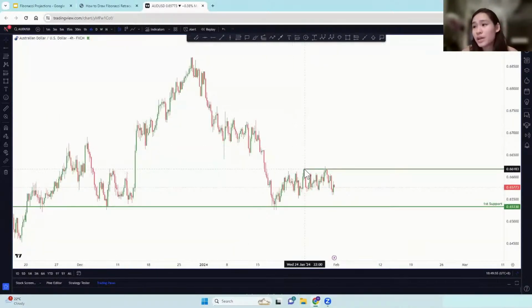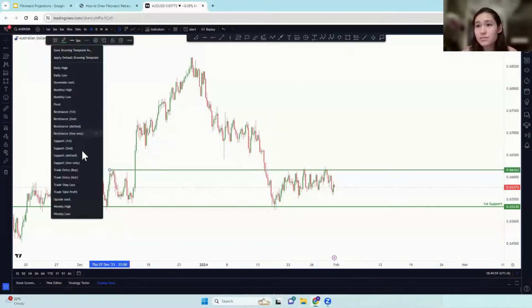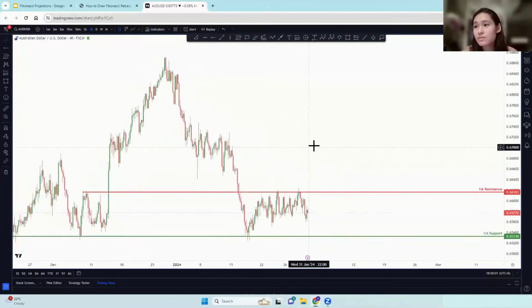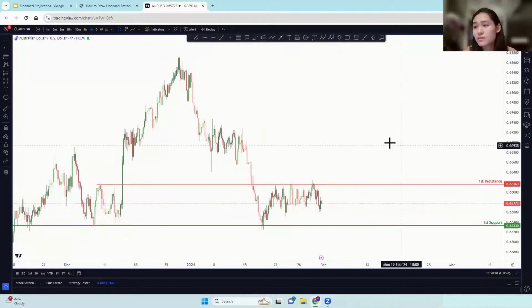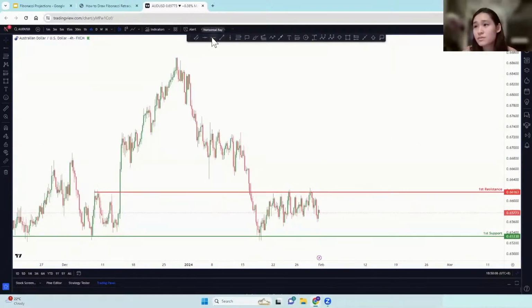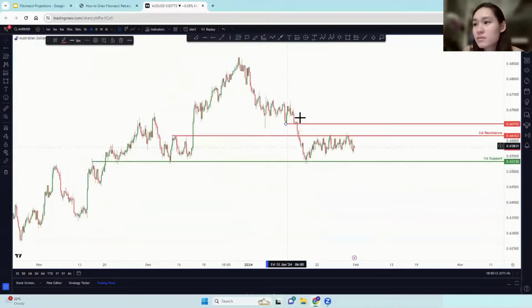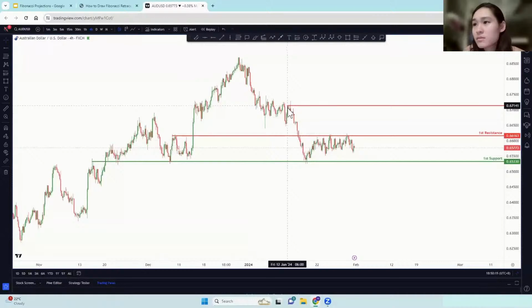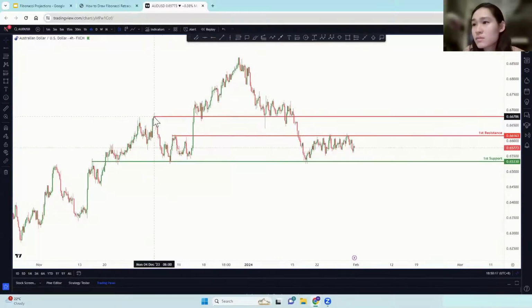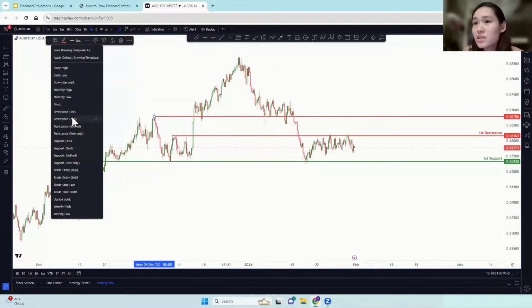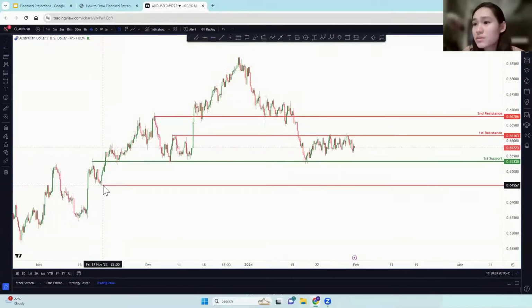My first resistance would be here. This would be my second resistance, and my second support would just be here.